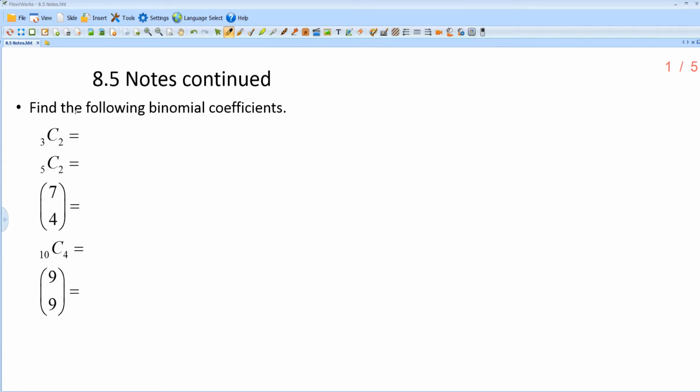So find the following binomial coefficients. This is doing that n choose r, where your formula for n choose r is n factorial over n minus r factorial times r factorial. And what this allows you to do is jump to the coefficient from Pascal's triangle.